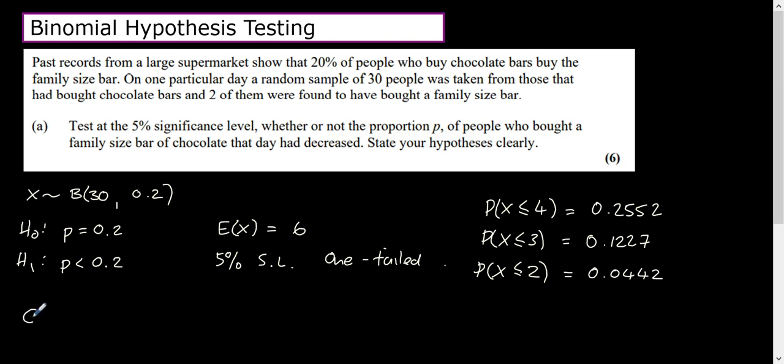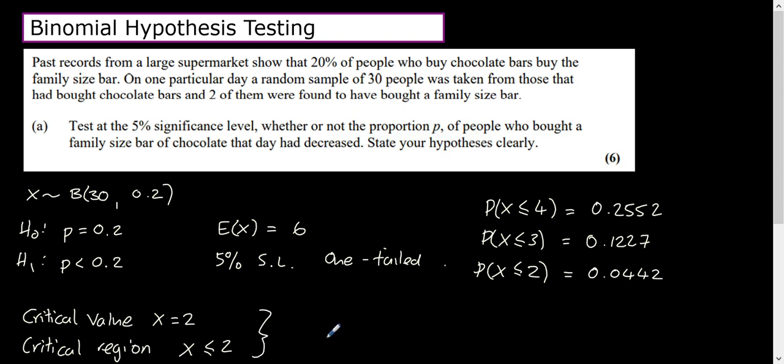So we have a critical value of x equals 2. That was the first result that gave us a probability less than 5%. And we have a critical region where x is less than or equal to 2. How do we use that information?